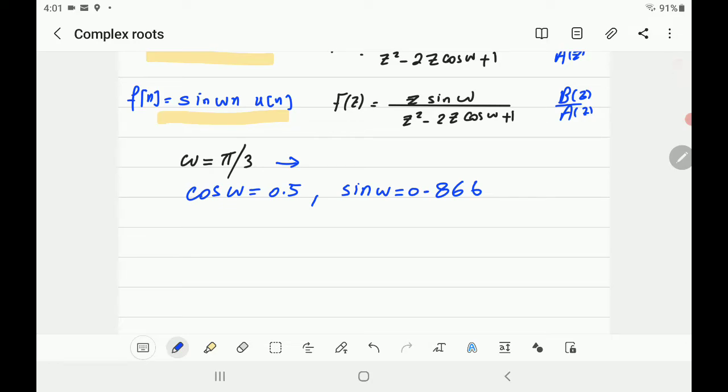The magnitude is equal to 1: cosine omega squared plus sine omega squared is equal to 1. This is for any angle. We know that rule.